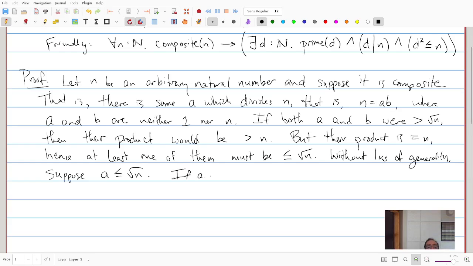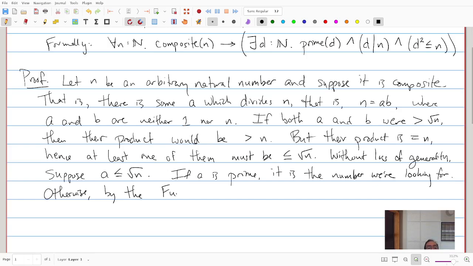So if A is prime, it is the number we're looking for. Otherwise, by the fundamental theorem of arithmetic, and I'm going to write it out this time, but in general, in the future, I'm just going to write FTA. And you'll see that gets abbreviated all the time.